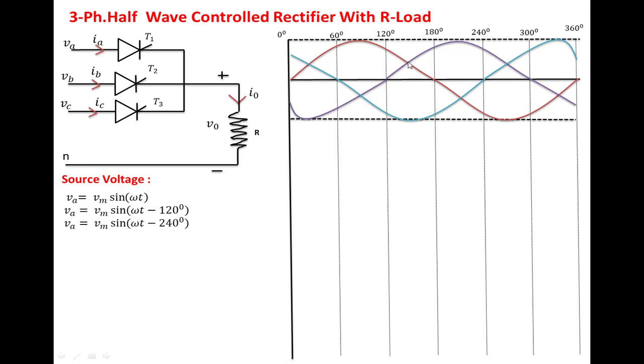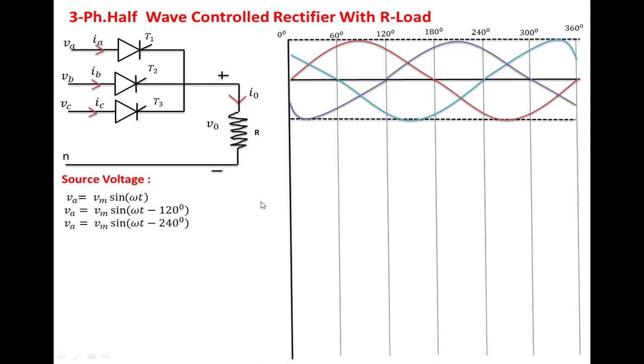Again from 150 to 270 degrees, phase B maintains the more positive voltage. The second device is in phase B, so it is forward biased from this point, and the firing pulse applied to T2 is measured from this point. In a similar manner, the third SCR will be forward biased from 270 degrees onwards.